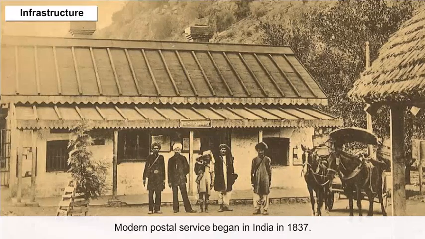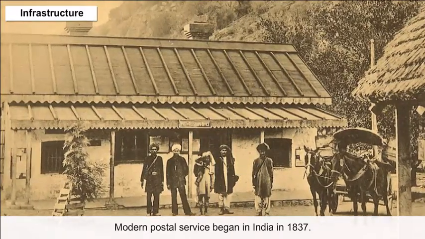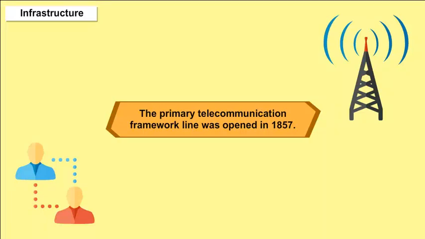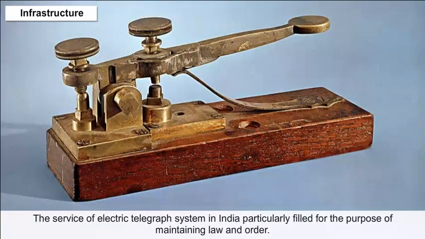Modern postal service began in India in 1837. The primary telecommunication line was opened in 1857. The electric telegraph system in India was particularly meant for maintaining law and order.